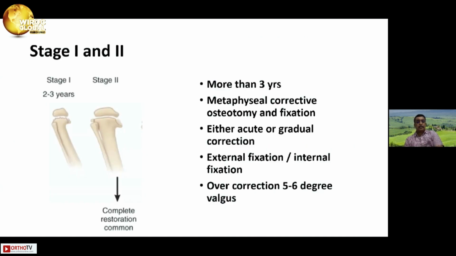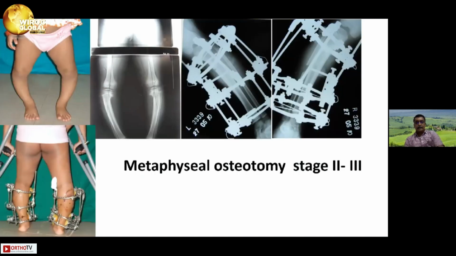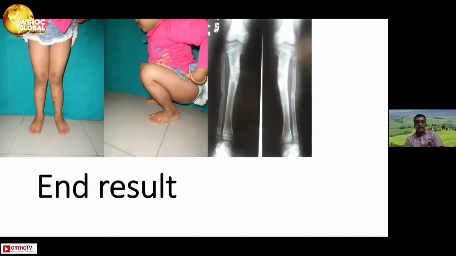Now, stage 1 and 2, more than 3 years, it's a metaphyseal corrective osteotomy and fixation, either with acute or gradual correction, external or internal fixation, and we prefer to overcorrect to 5 to 6 degrees of valgus. This is for a patient with stage 2, and one side is stage 3, metaphyseal osteotomy, and that's the end result.